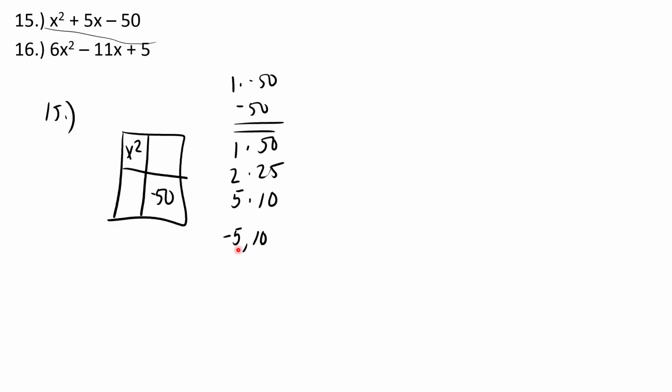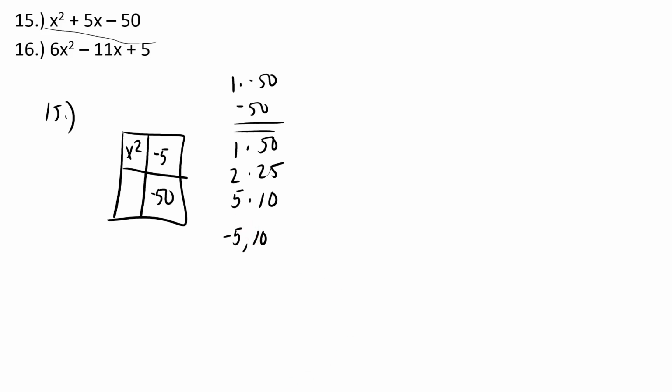So negative 5 times 10 is negative 50. Negative 5 plus 10 is positive 5. Now, 6 is not a factor. 7 is not a factor. 8 is not a factor because 4 is not. 9 is not a factor because 3 is not. And therefore, we know we've got all the factors there.